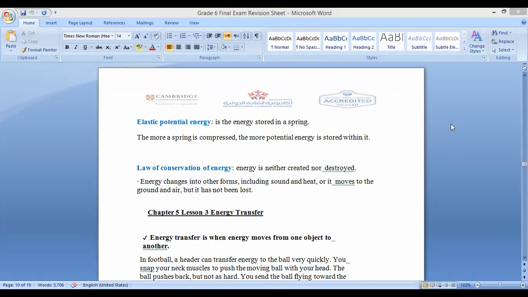An example of transferring energy, football. If a player hits the football and it touches the goal, it will transfer energy to the goal. Again, please, and raise your voice.